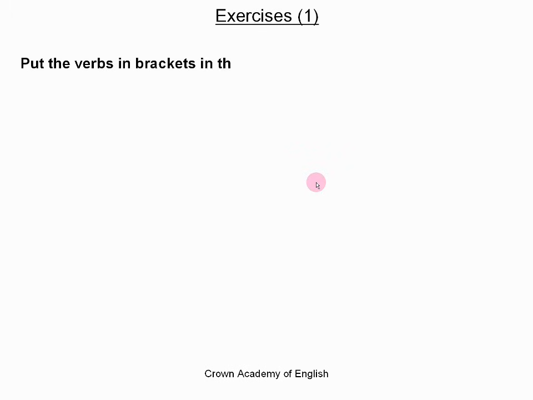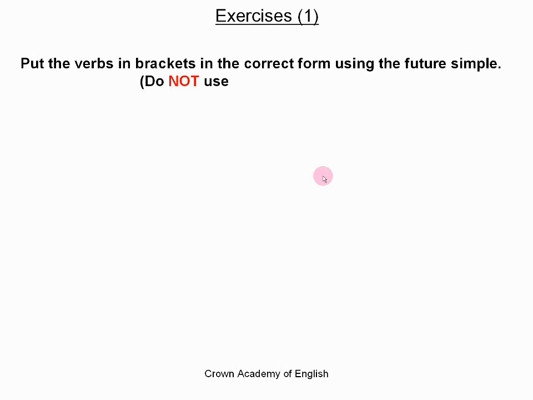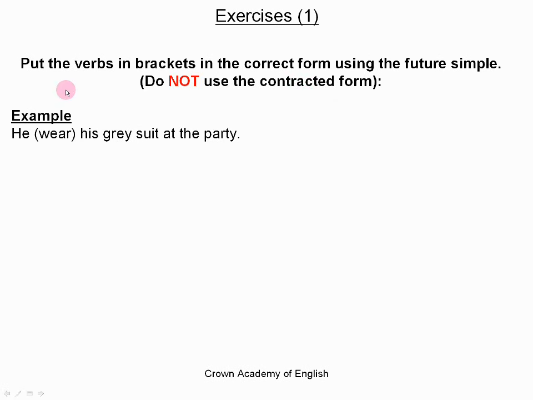I would like you to put the verbs in brackets in the correct form using the future simple, and do not use the contracted form. Example. So I want you to put the verb wear in the future simple.